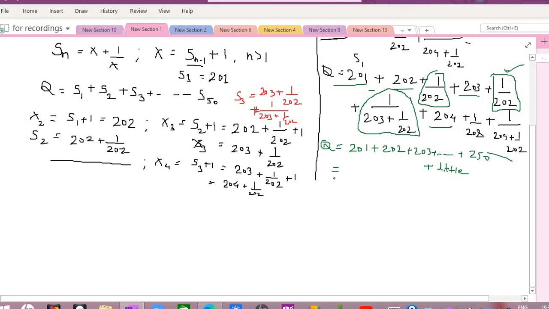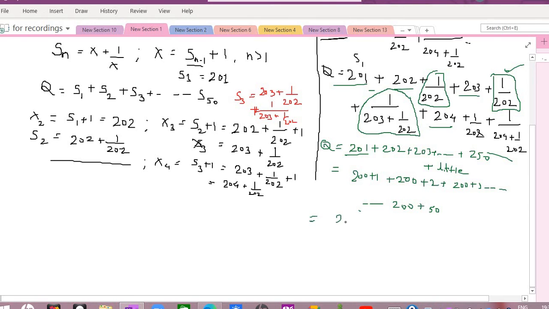So 200 plus 1 can be written as 200 plus 1, 202 can be written as 200 plus 2, 203 can be written as 200 plus 3, up to 250 can be written as 200 plus 50. So I know there are 50 times 200 here.